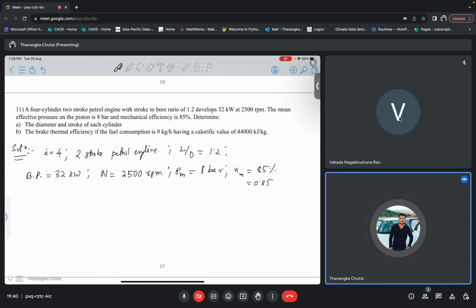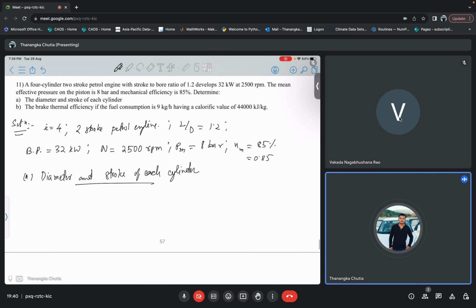Okay, so what we have to determine: number 1, diameter and stroke of each cylinder. Okay, that means your D and L of each cylinder you have to determine. Okay, what we know, eta mechanical efficiency is equals to brake power divided by indicated power.